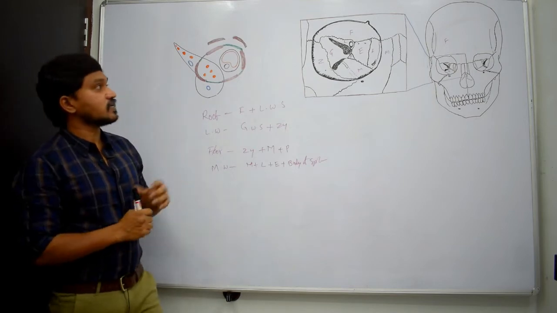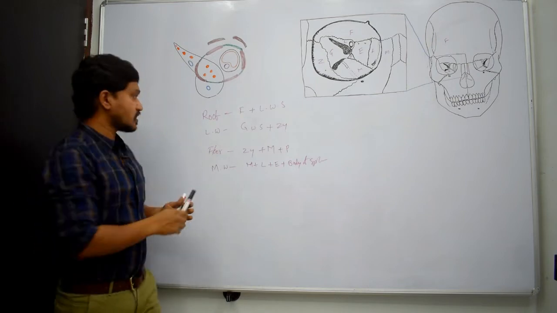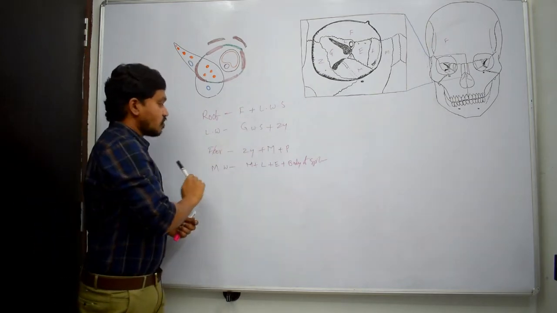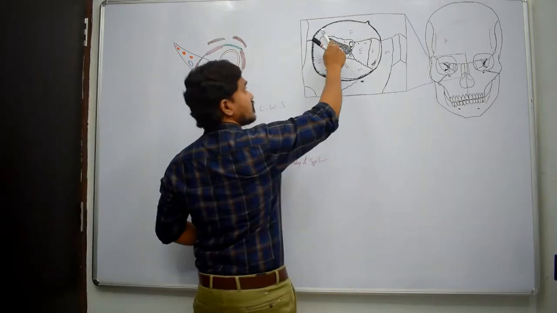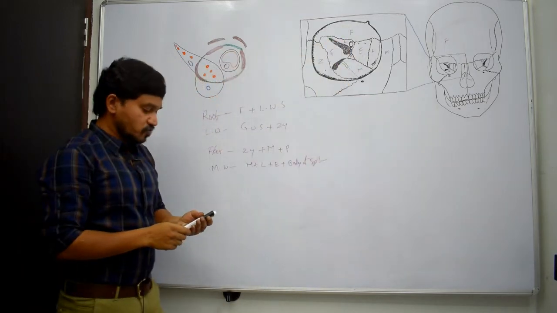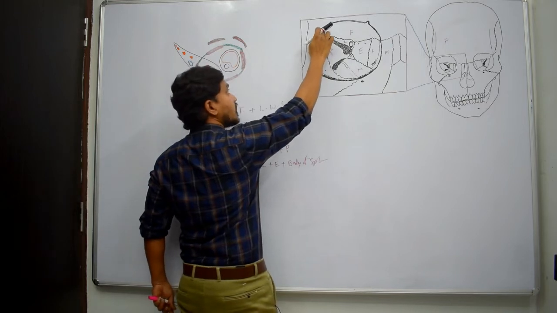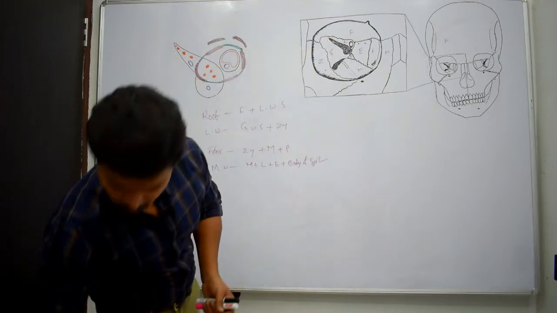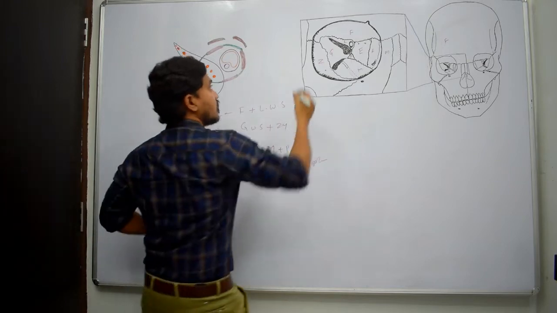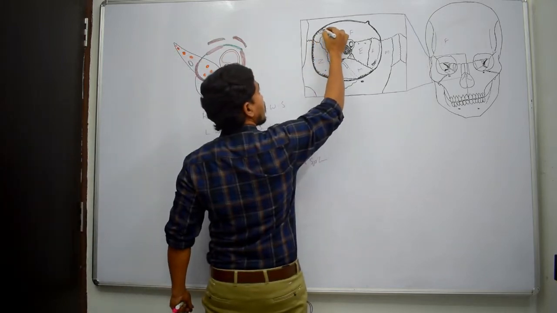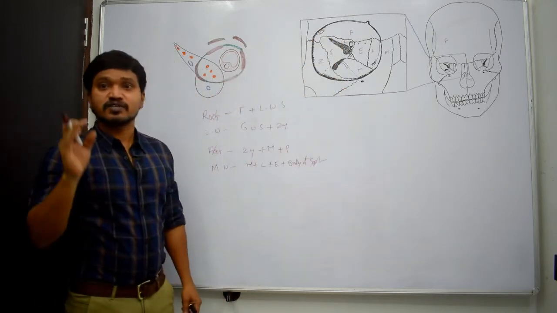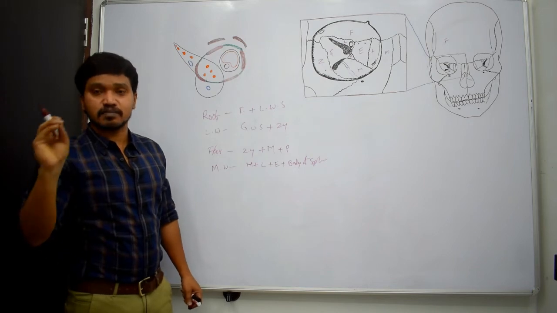Now we will see the special features in the roof, lateral wall, floor and medial wall. This is the roof. In the roof, you can see one fossa at the anterolateral part. That fossa we call the lacrimal fossa. It accommodates the lacrimal gland.